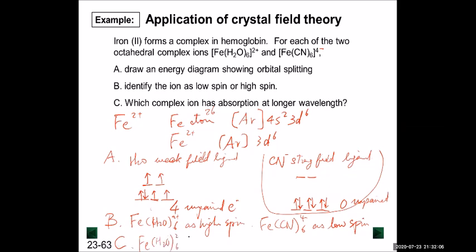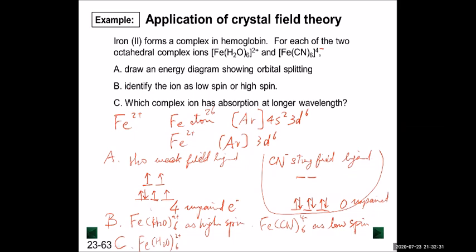It should give you the absorption at a longer wavelength. So that's basically how crystal field theory applies to predicting the magnetic properties and the absorption wavelengths for each complex ion.